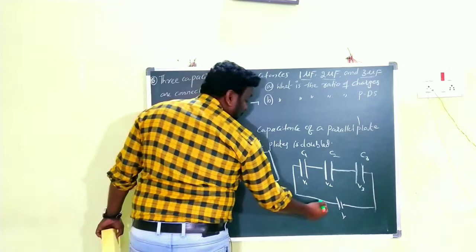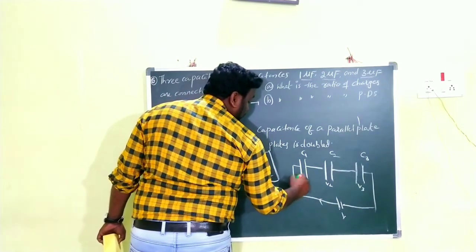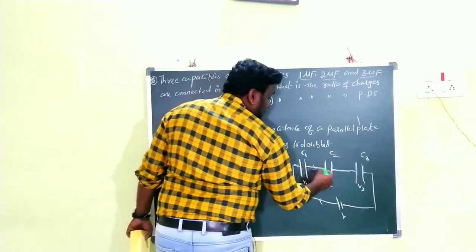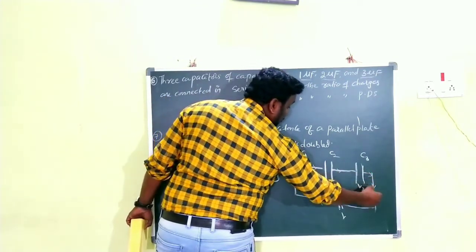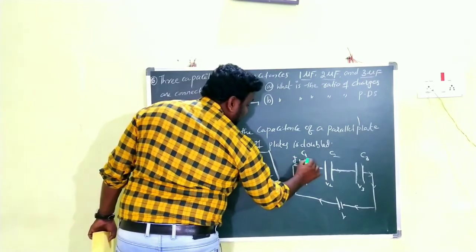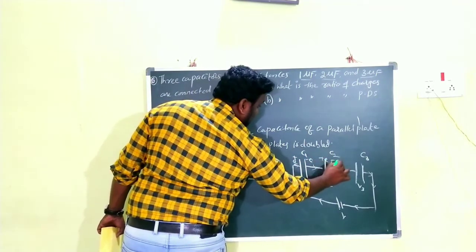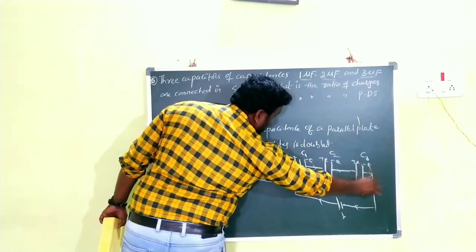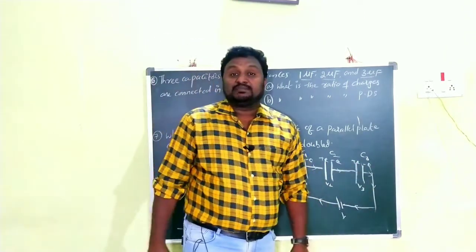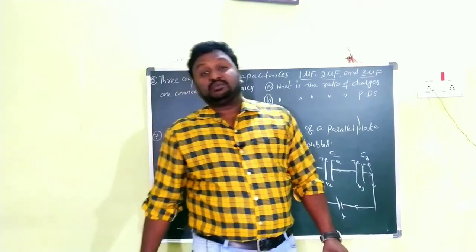And in this case, you have to remember the charge can move in only one path. That's why the charge on every capacitor will be the same. This is plus Q and this is minus Q, plus Q and minus Q, plus Q and minus Q. I clearly explained series and parallel combination of capacitors in different videos.